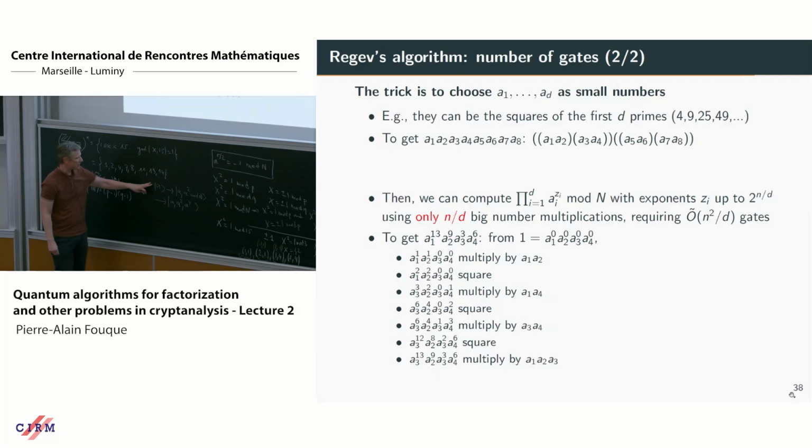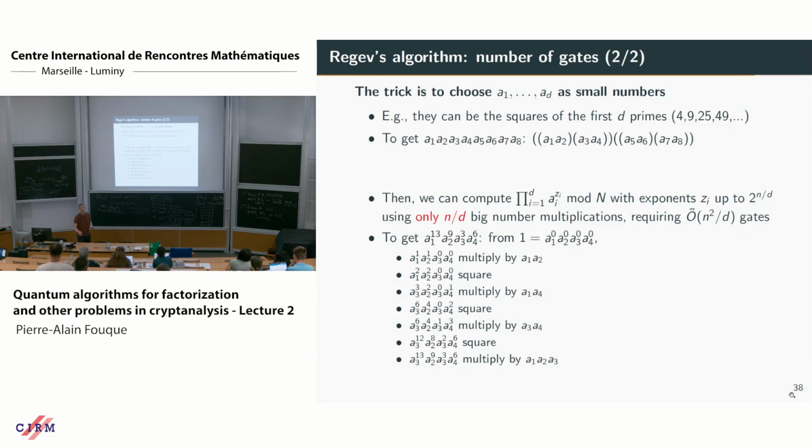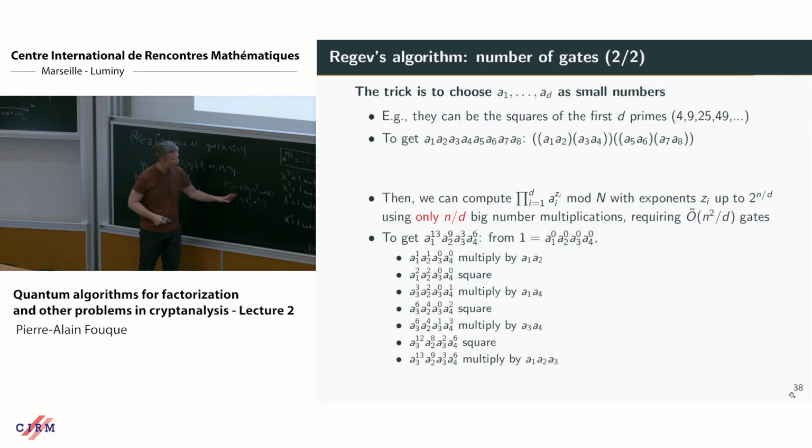And since I told you that you have to do this n over d times, so square root of n times, the number of qubits that you need to register is as large. Here you need n qubits, and you need n times d, or n times square root of n qubits.